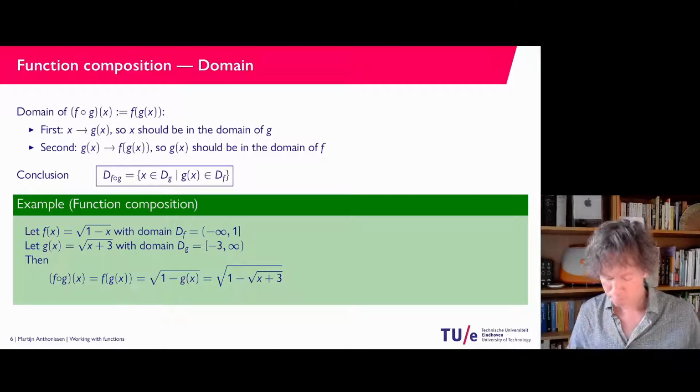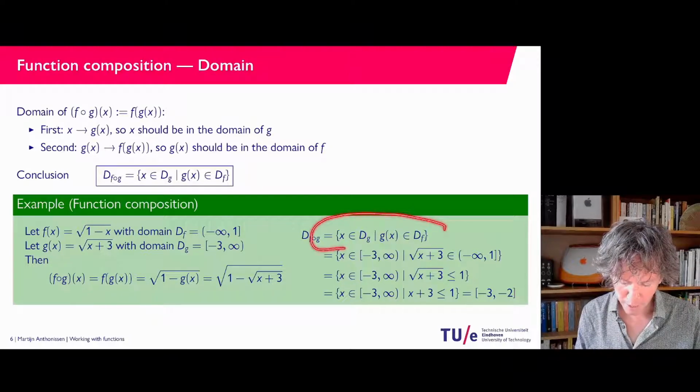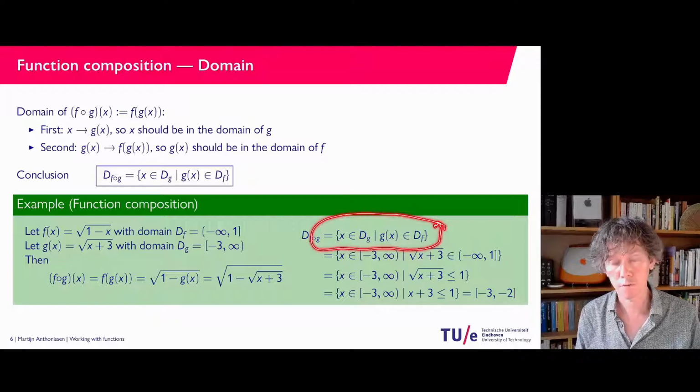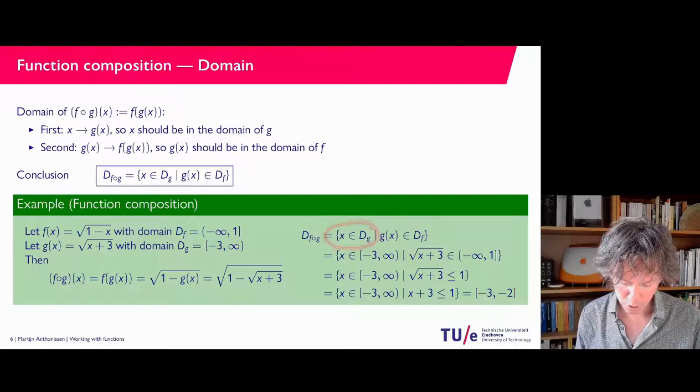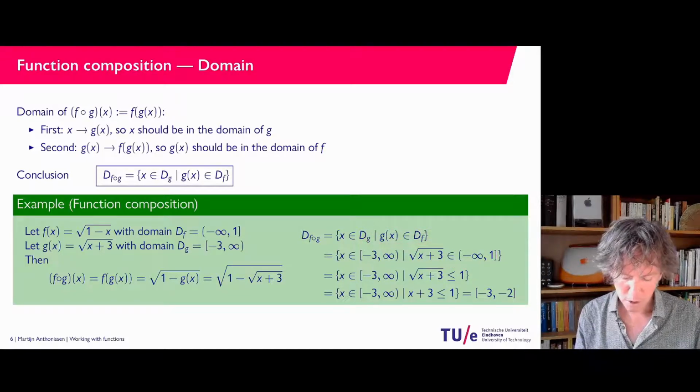And then for its domain, that's what we were considering here. So using the boxed formula, it is all the x's in the domain of g for which g(x) is in the domain of f. All the x's in the domain of g, so that's all the x's in the interval from minus 3 up to plus infinity. And then this condition here becomes what it says here. So what does it say there?